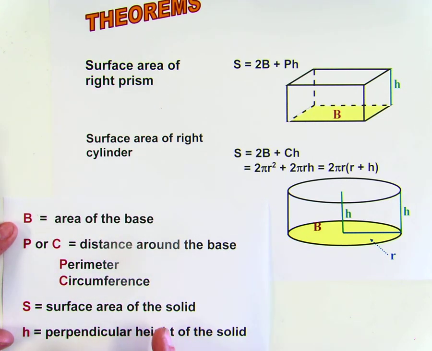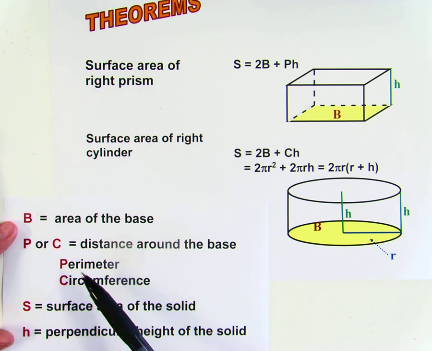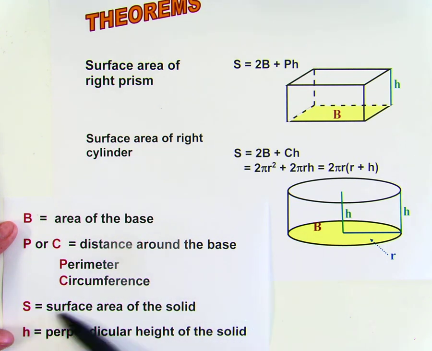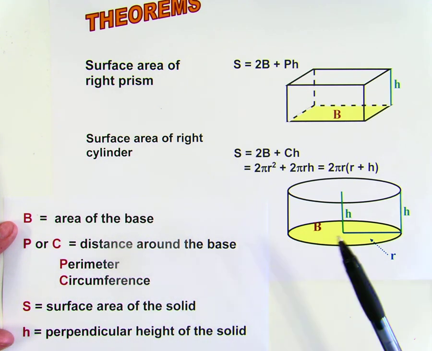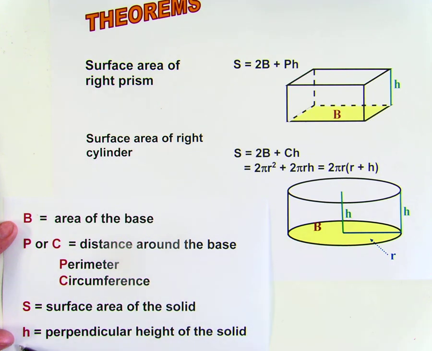Now remember, rectangle people talk about length and width and perimeter, but circle types of people talk about pi and radius and diameter and circumference. Either way, P and C, it's the distance around the base. S is the surface area of the solid. That's the whole thing that you're looking for, what it takes to cover your item. And H is the perpendicular height of the solid.